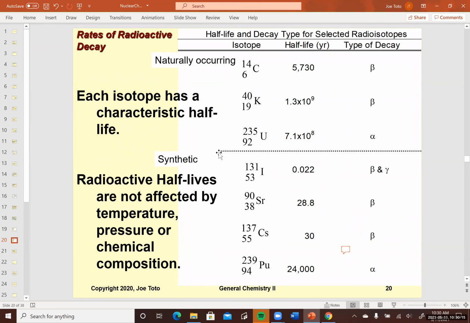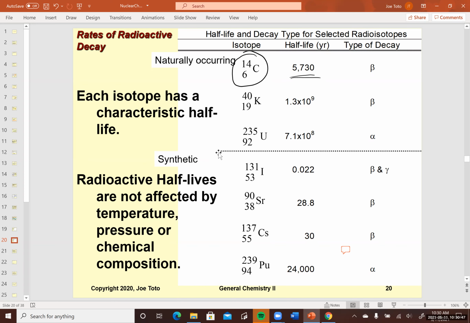Okay, now in this plate, I have depicted some naturally occurring isotopes and some synthetic isotopes. And the naturally occurring ones, like carbon-14 in the upper atmosphere, can be used, as you know, to date biological organisms because they ingest carbon and incorporate it into their structure.